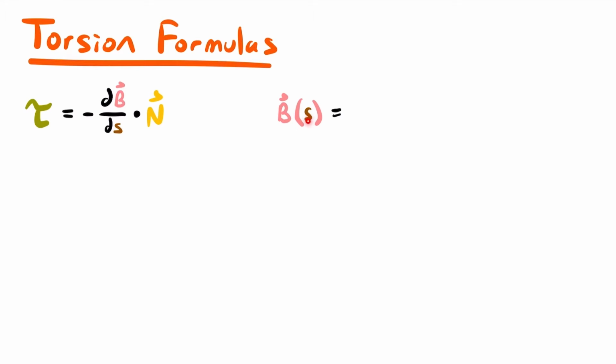Remember that the arc length parameter is a function in terms of t, right? When you reparameterize a vector function, what you have to find is the arc length parameter s in terms of t, for which then you would solve for t, and then you can rewrite everything in terms of s. That comes from that arc length function s of t. So you could also rewrite the unit binormal vector in terms of s like this. You'd have vector B of s of t.